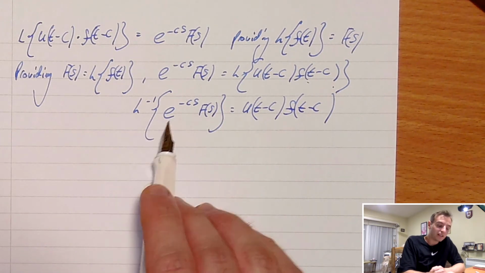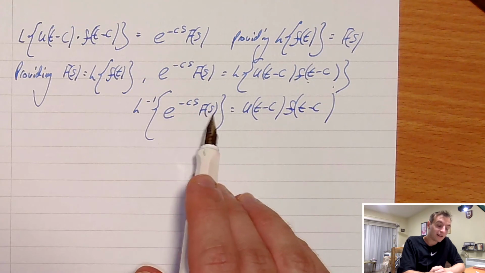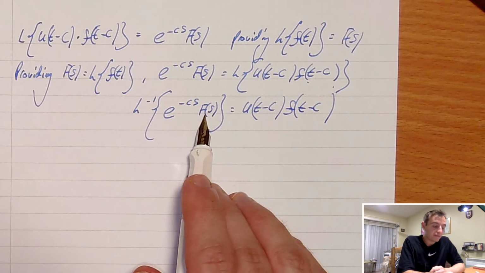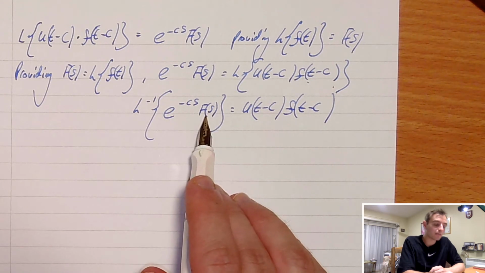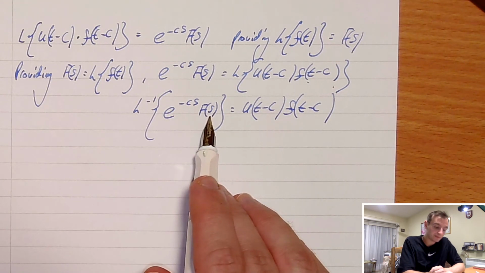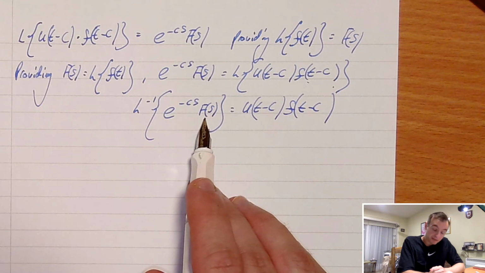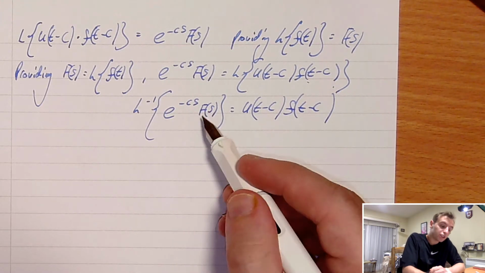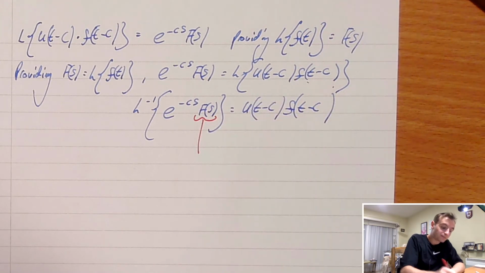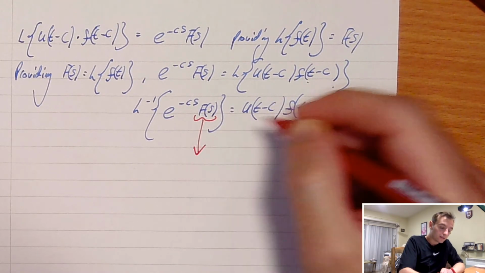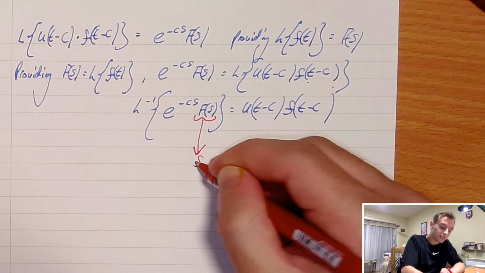So if we have any function of the form e to the minus cs and then something else, if F(s) is the Laplace transform of f(t), then we can work out what f(t) is by taking the inverse Laplace transform just of that part there, take the inverse of that, and that will give us f(t).